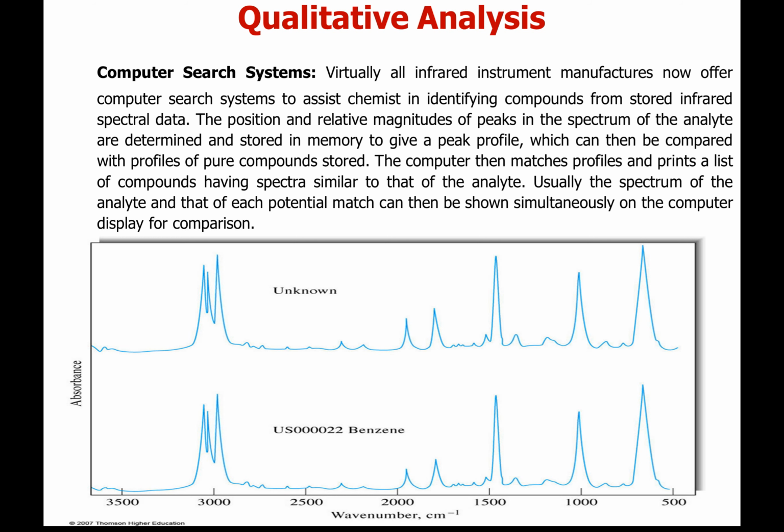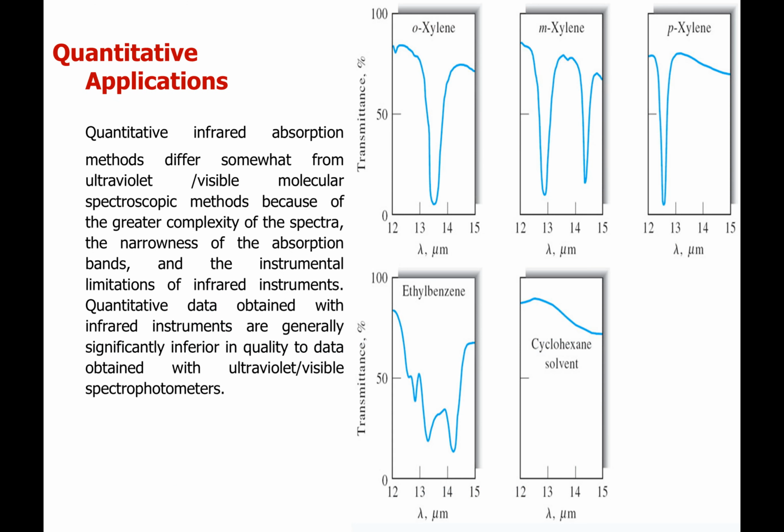Usually the spectrum of the analyte and that of the potential match can then be shown simultaneously on the computer to display the comparison. It is so automated that you don't have to strain your brain. It picks up from the database which spectrum matches your unknown and overlays them for a nice comparison.